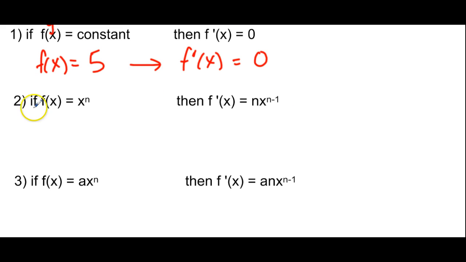All right? Here, this is your power rule. If f of x equals x to the nth power, then your derivative equals n times x to the n minus 1 power. So kind of confusing. Let me show you an example. F of x equals, let's say, x to the third.